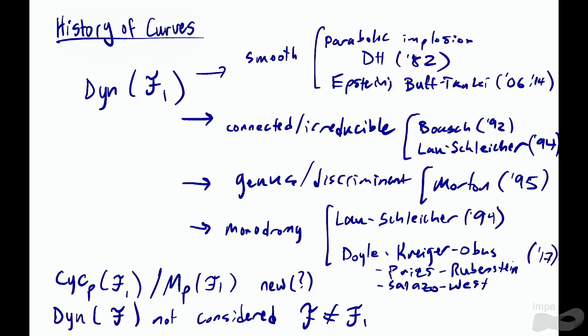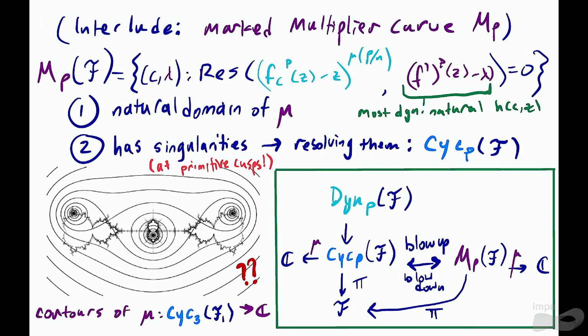Okay. So just a brief history about a lot of these things. These dynatomic curves are really well understood. And if I just go back one second. So our dynatomic curves, this was the Z mod pZ action over our marked cycle curve, and then this was a projection down to our base space. These dynatomic curves are very well understood, and this is a very dynamically natural curve as well that defines your multiplier function that is birational to our marked cycle curve.